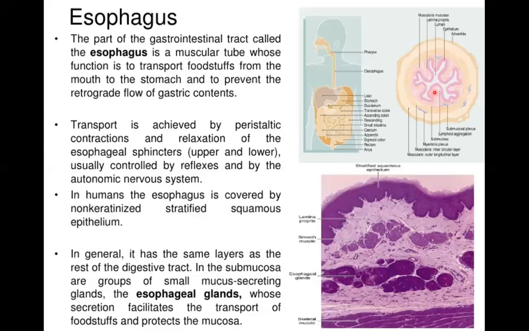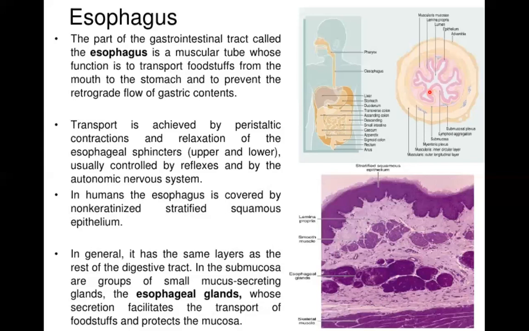Then we have the underlying lamina propria. Now we have a characteristic feature in the esophagus: it contains glands, called the esophageal cardiac glands. It is called cardiac because it is thought by scientists to have migrated from the cardiac region of the stomach. It is present in the esophagus in two regions, one near the stomach and one near the junction of the esophagus with the pharynx.